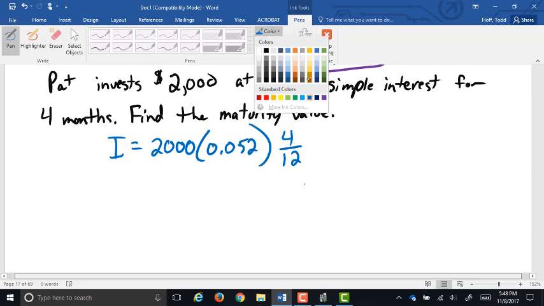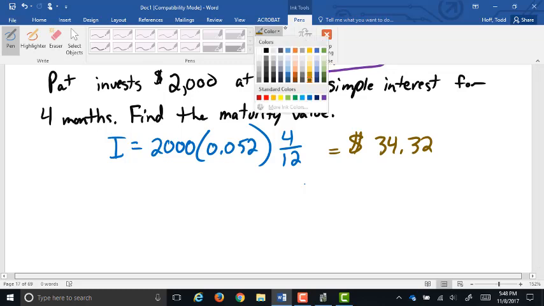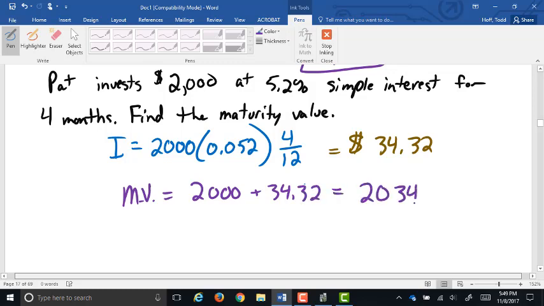If we multiply that all out, what do we get for our dollar amount of interest? $34 and how many cents? 32. How do we use that to find our maturity value? Add it to 2,000. So that is $2,034.32. Any questions?